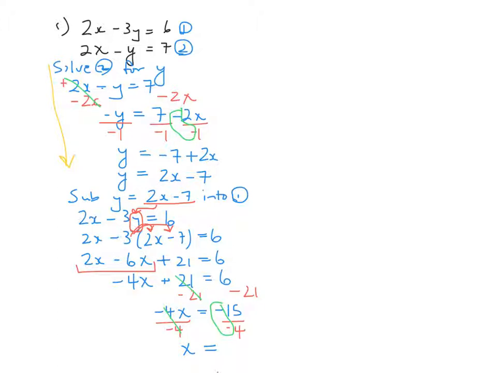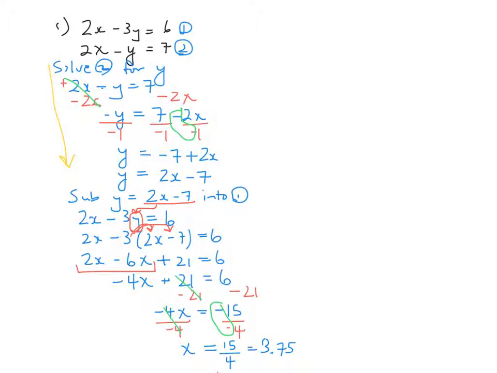And I'm just going to leave this in fraction form. You could take it to a decimal. If you take it to a decimal, 15 divided by 4. Well, 4 would go into 12 3 whole times, but then there would be 3 left over, or 0.75. So if you go to a decimal, we're at 3.75, or 3 3/4.